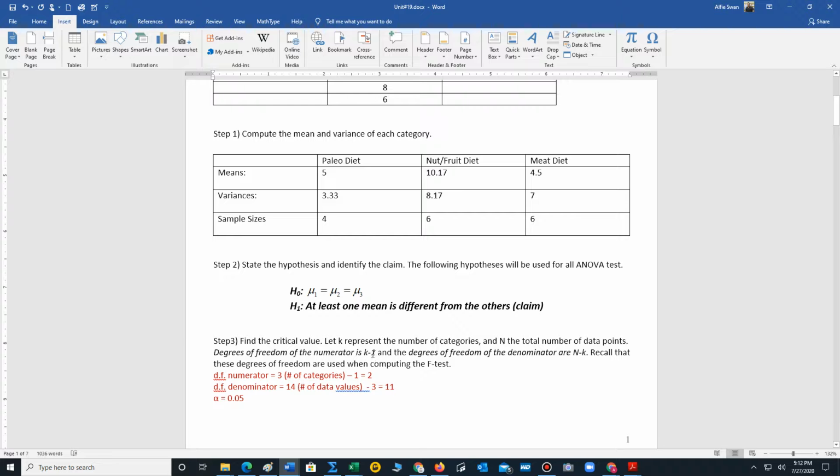K is 3 because we have 3 categories, so 3 minus 1 is 2. The degrees of freedom of the denominator is N minus K, so N is the number of values, 14, minus the number of categories, 3, so 14 minus 3 is 11. And as we mentioned above, alpha is 0.05.